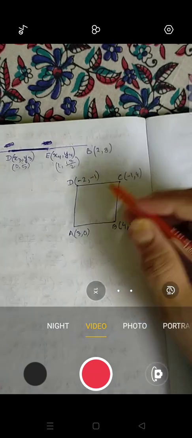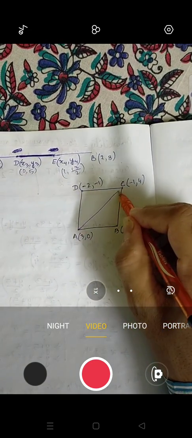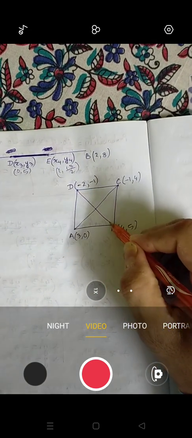Now in this case, you will join AC and BD, because you will require AC and BD. If you know the diagonals, then you can easily find your answer. So you joined AC and BD.